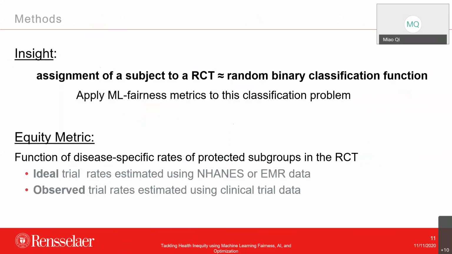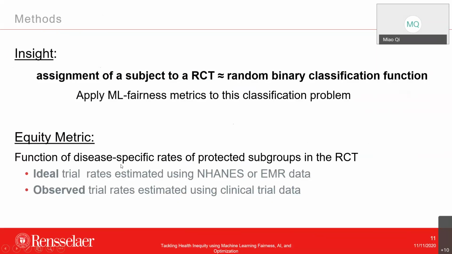So our insight here is to view the assignment of a subject to a randomized clinical trial as a random binary classification function. In this way, we can apply all the machine learning fairness metrics to this classification problem and then generate our novel equity metrics for the randomized clinical trial. Our equity metrics are functions of the disease-specific rates of the protected subgroups, such as non-Hispanic Black people in the randomized clinical trials.